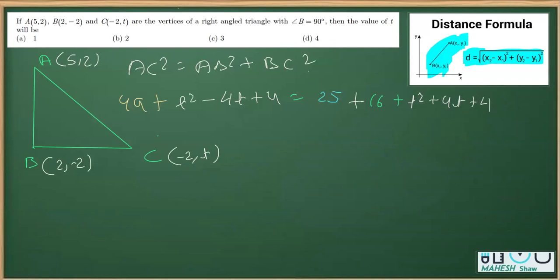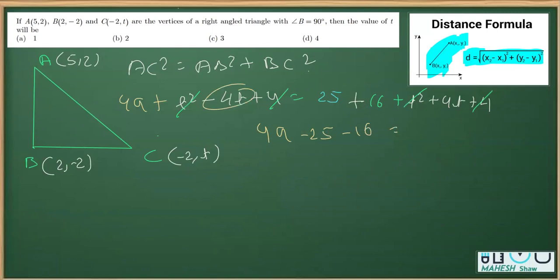The t square and t square get cancelled, and positive 4 gets cancelled. Further, if I transpose these numbers, 49 I'll keep on this side, and transpose the other: 25 plus 16 on one side, and 4t on this side with a minus sign.